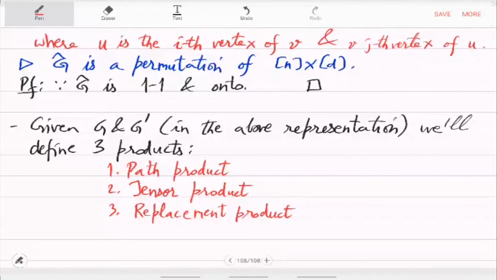And related to the replacement product, we'll also have a zigzag product. So actually 4 products. We'll define these things next time, and then we'll use these 4 products to improve expansion.